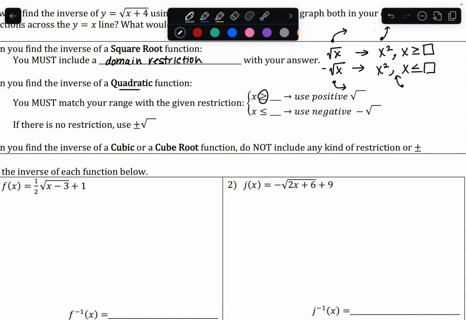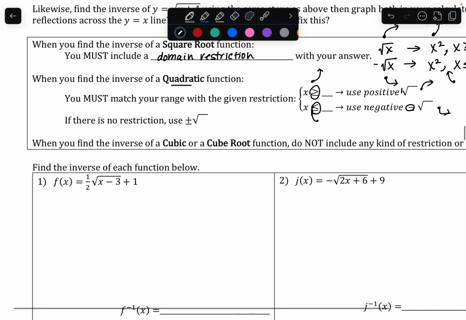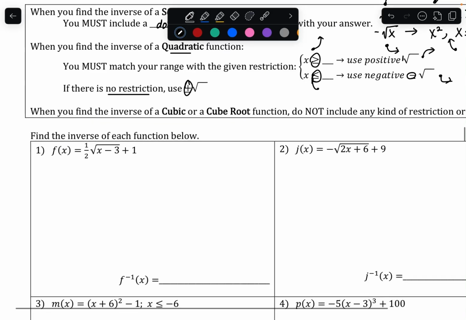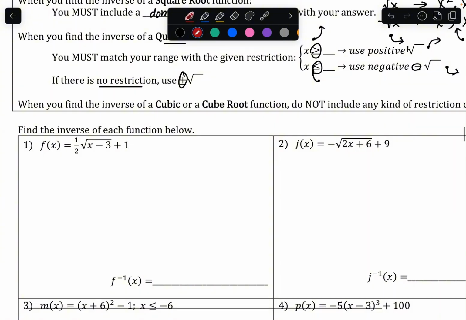If it's a greater than, that means you have the right half, so you're going to pick the positive square root. If you're starting with a less than restriction, you're going to end up with a negative square root. Okay, so those go together. And then if they give you a quadratic with no restriction, you have to make sure to include the positive and negative square root.